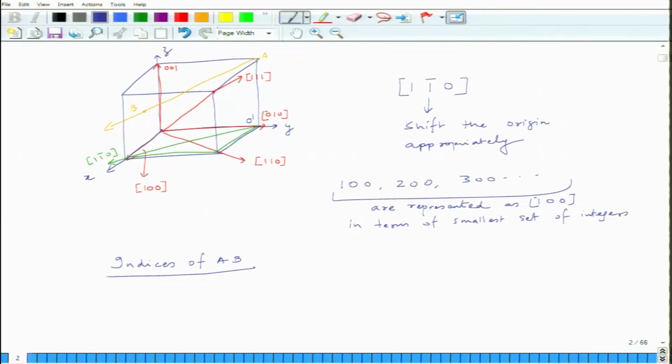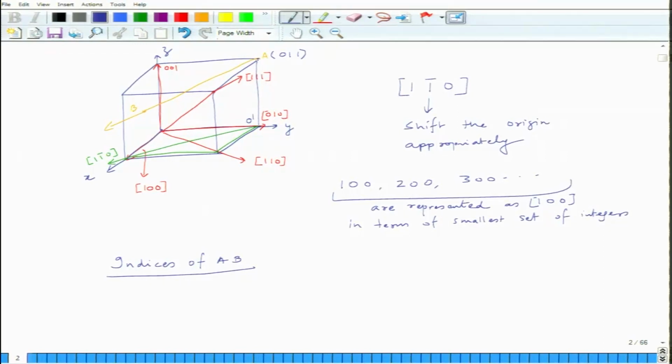One thing of course is that you can determine the coordinates of this point, which are 0 1 1.